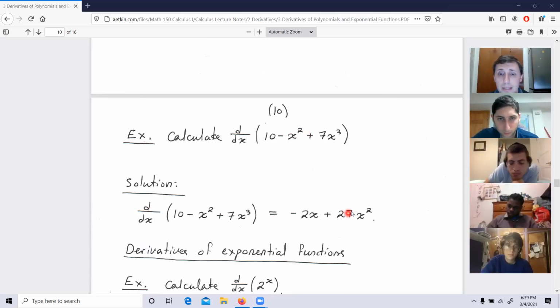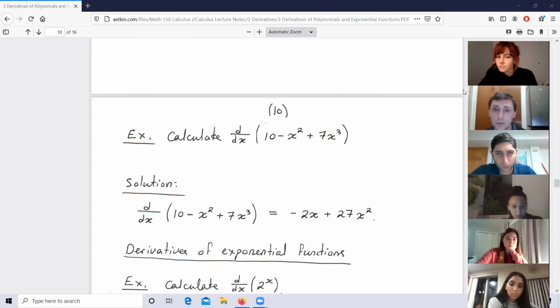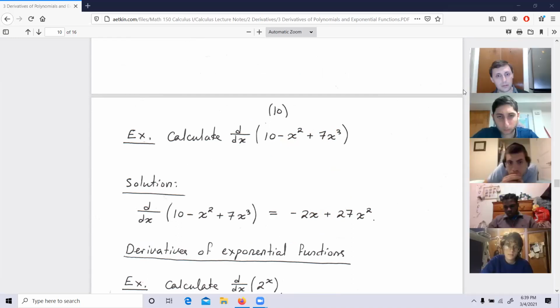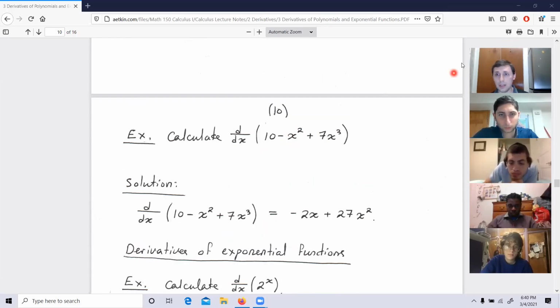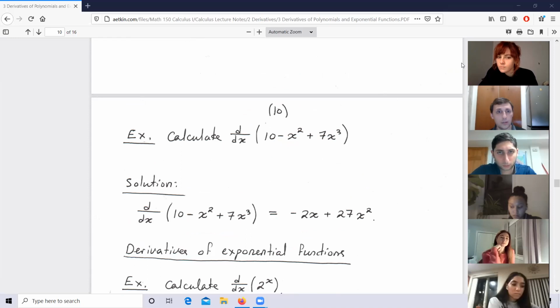Yeah, so by the way, somebody noted I made a mistake here. It should be minus 2x plus 21, right? 7 times 3 is 21. I accidentally wrote 27, but no problem. You understand how that is calculated, and you could do it slowly if you had to.